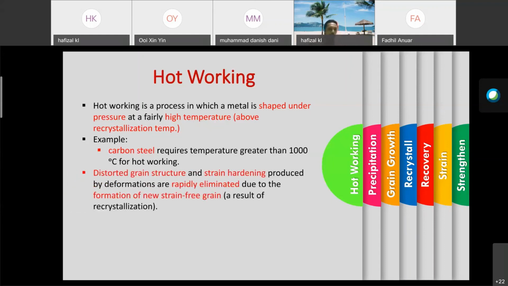Distorted grain structure and strain hardening produced by deformation are rapidly eliminated. During the process, the strain hardening of the metal and the distortion of structure are eliminated, so it is very easy to form, and a new strain-free grain is produced.